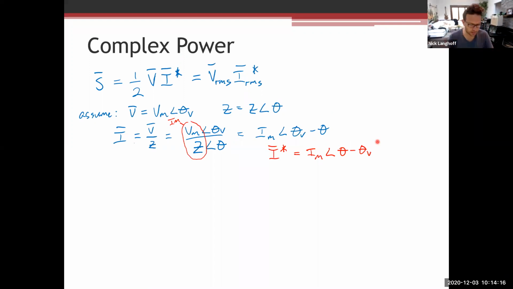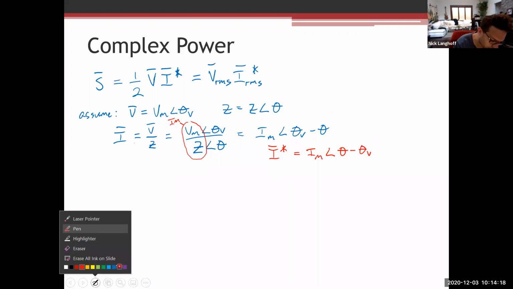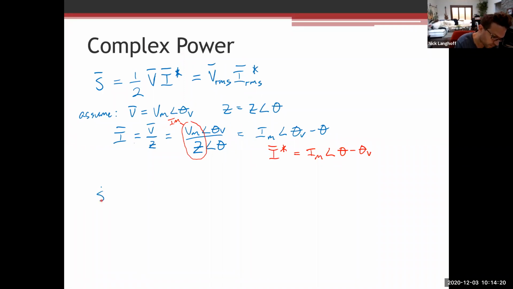Okay, so if we then calculate S, this is equal to 1/2, we'll plug in the phasors here, 1/2 V times I conjugate.